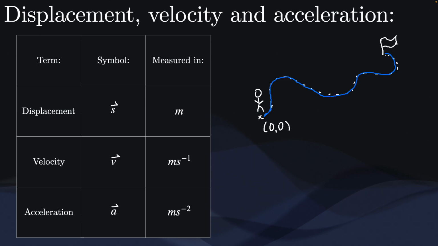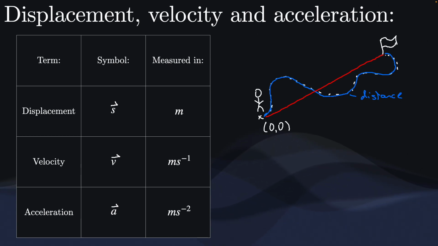But the displacement refers to actually how much they've moved from the start point. So if we'll call this the distance, and the displacement is this. Displacement is a straight line that tells us how far they've actually gone. And like you can see, it's a vector because look, it's got both magnitude, it's got a length, and it's got a direction.